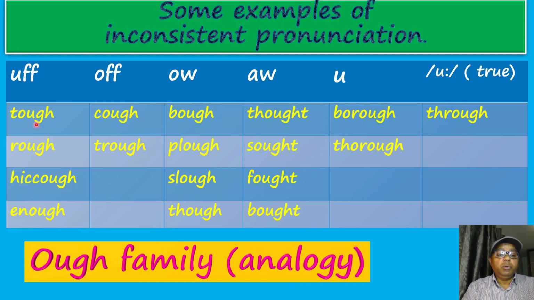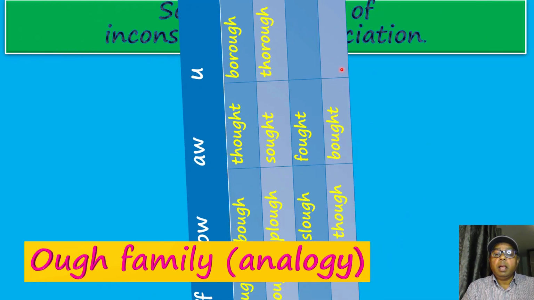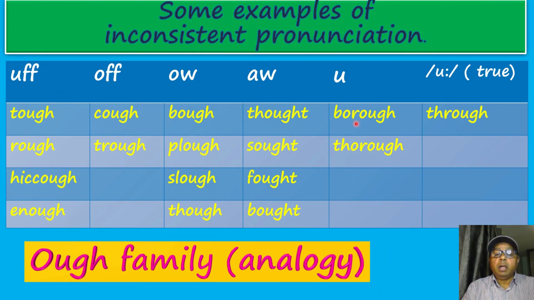For example, we've got uff, as in tough, rough, hiccup and enough, and off, cough, trough, ow, bow, plow, slough, though, aw in thought, sought, fought, bought, and as in borough, Bromley borough, thorough, and then as in through.